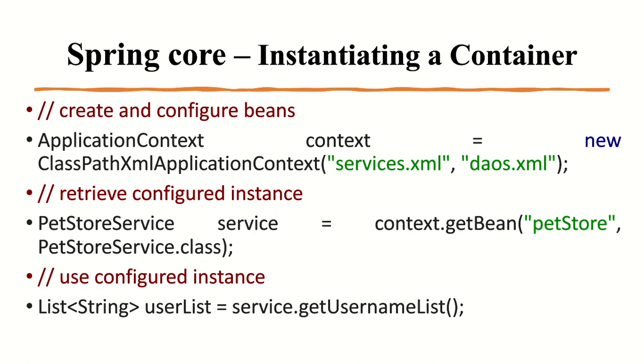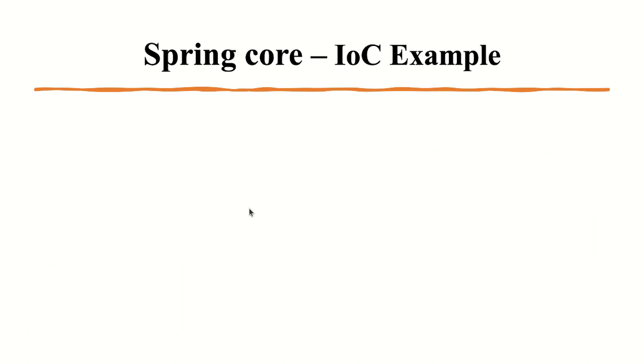It will be using the configured instance. So this is how you instantiate or define the class in the XML, and extract the object from the context. We'll see it with a simple example.